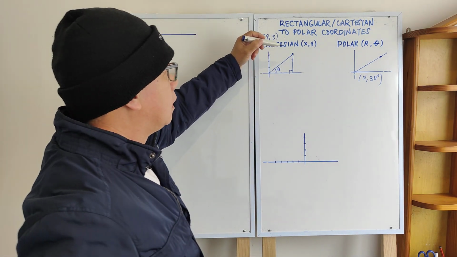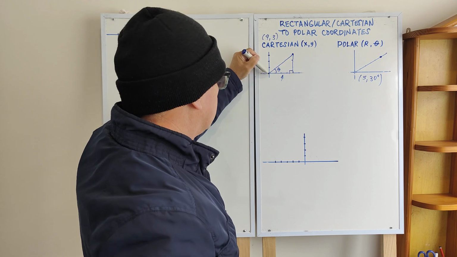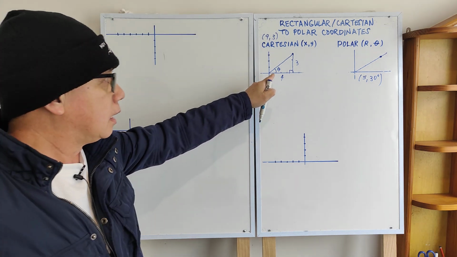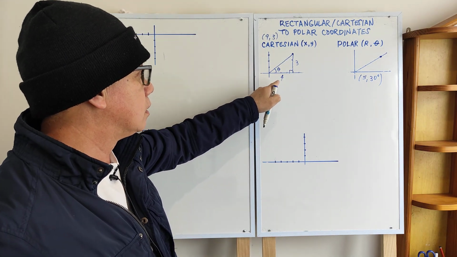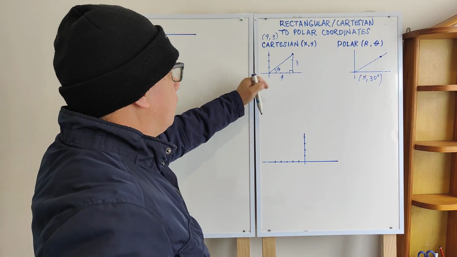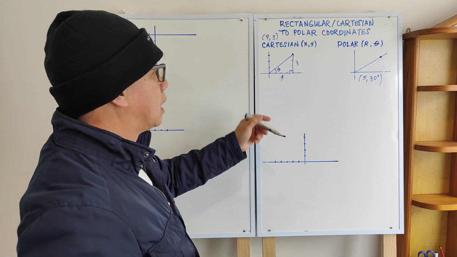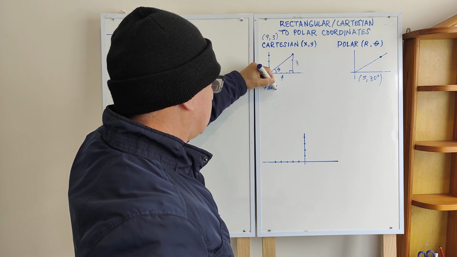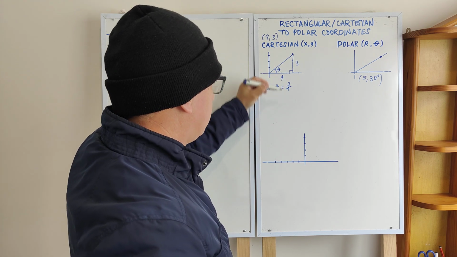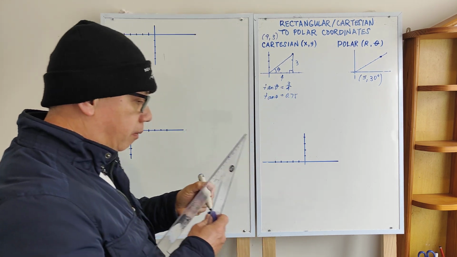So this is 4 and 3. This is 4 units for the length, and the height is 3 units. We can solve for the angle using the trigonometric function tangent and these two sides. 3 is opposite and 4 is adjacent to this angle, so we use tangent. Tangent theta is opposite 3 over adjacent 4, or tangent theta is 0.75.